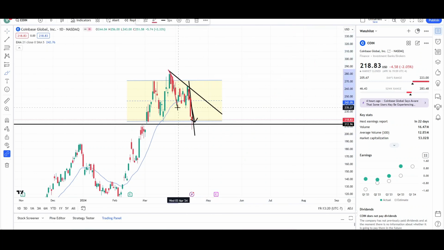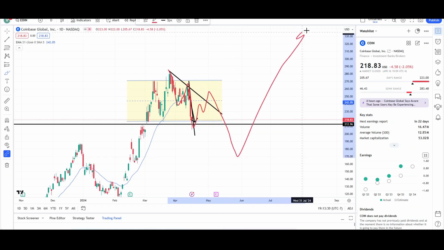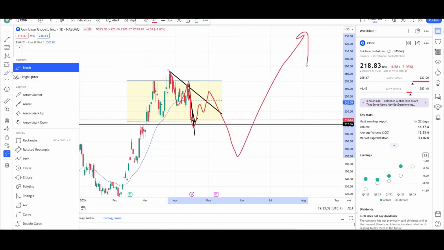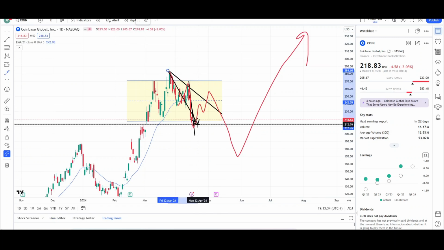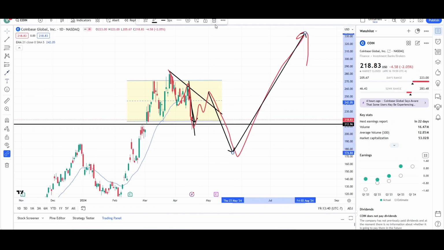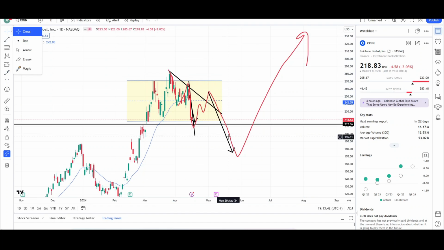Because we had two legs down, we can have a small leg up, and then those two legs down would be one large leg on a higher time frame, and then we'll probably see another leg down. So we could have these two legs down become one leg and then a correction up for a second leg, and that's when price can resume higher. So again, at least short term is looking pretty good for Coinbase.